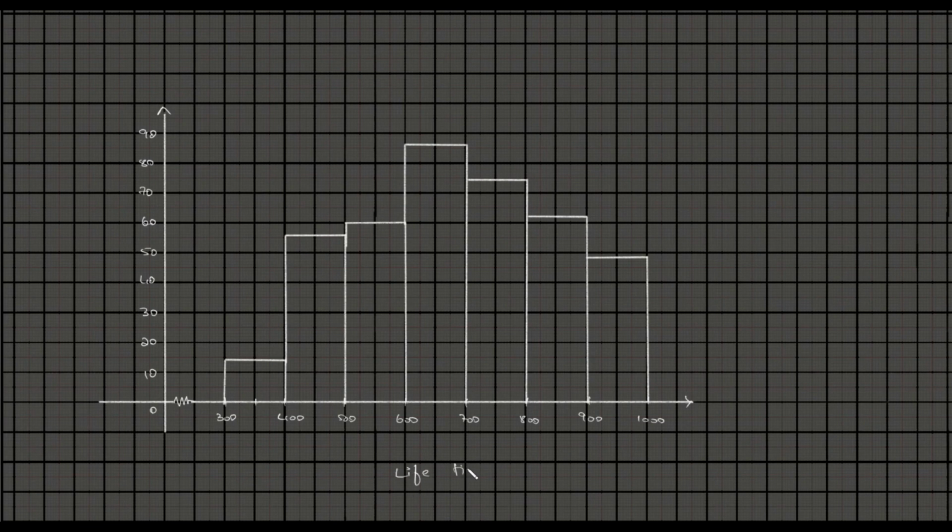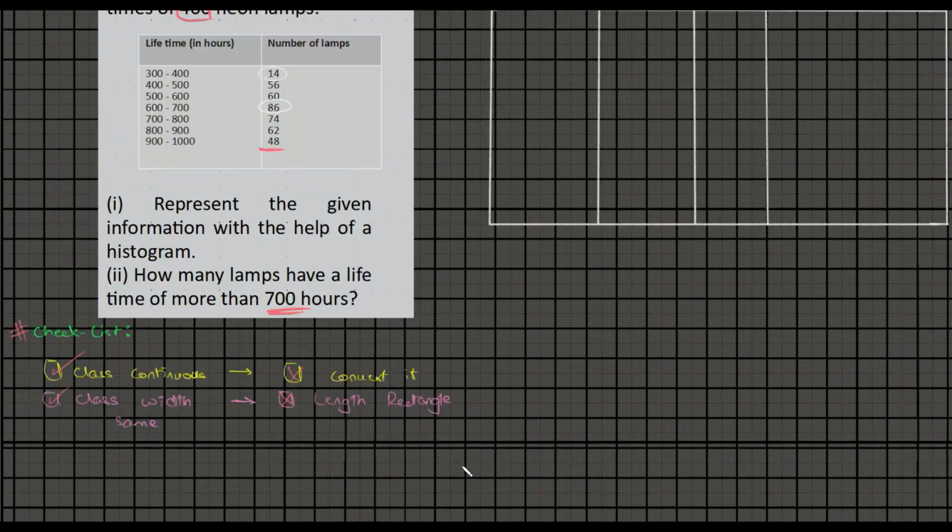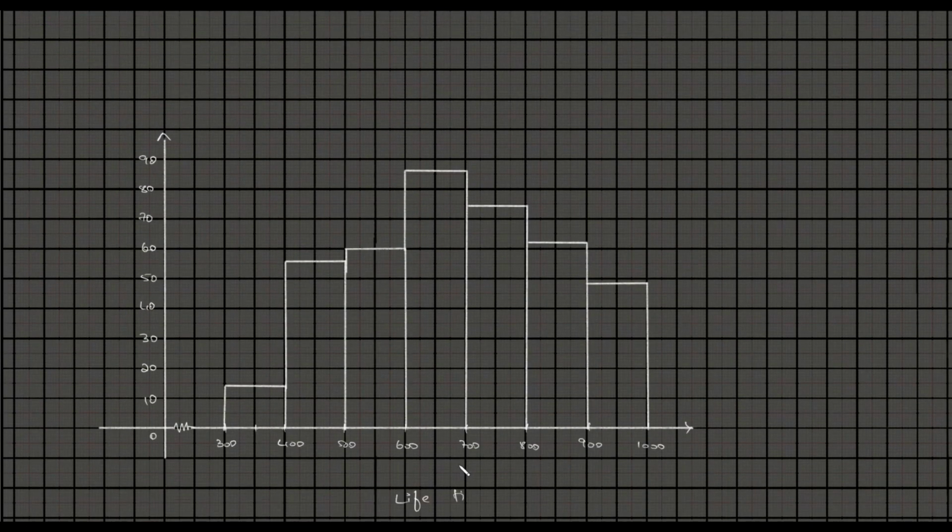Lifetime in hours. So we're looking at lifetime in hours, so we're presenting in hours, and this is the number of lamps. And yes, we need to talk about the scale.